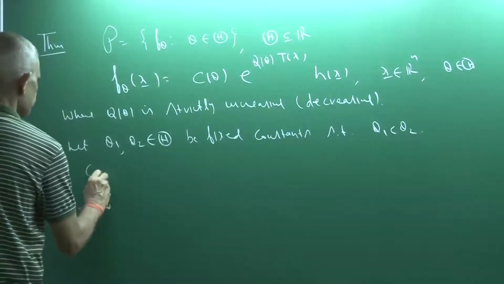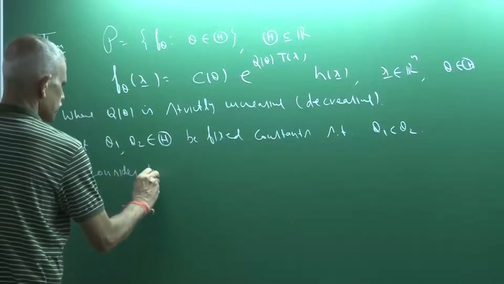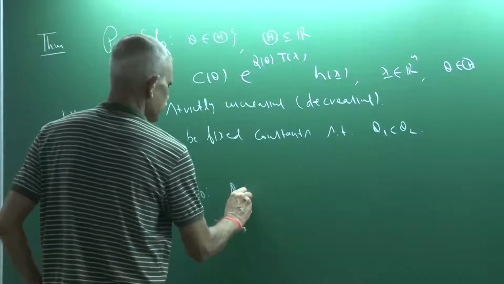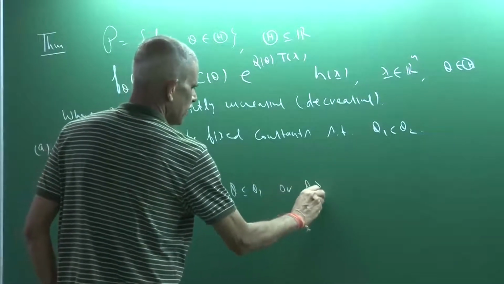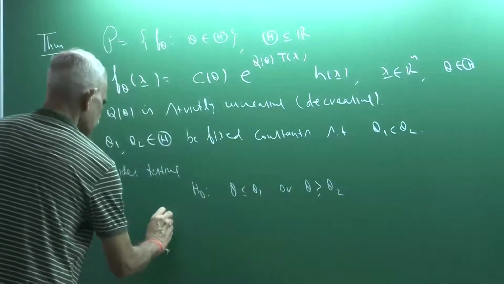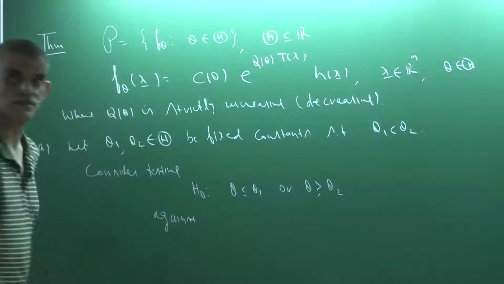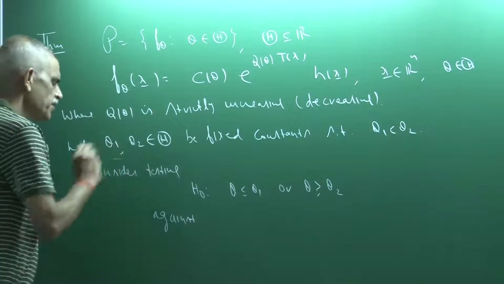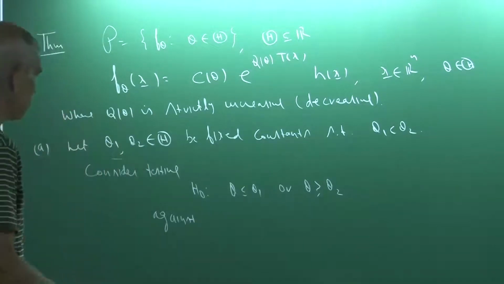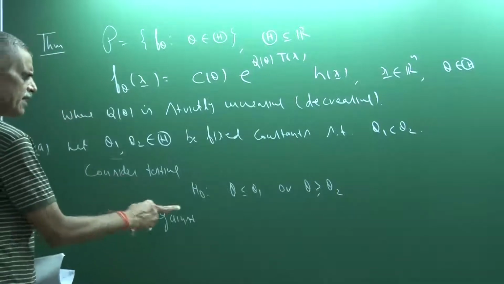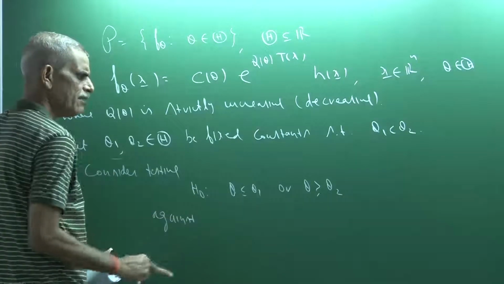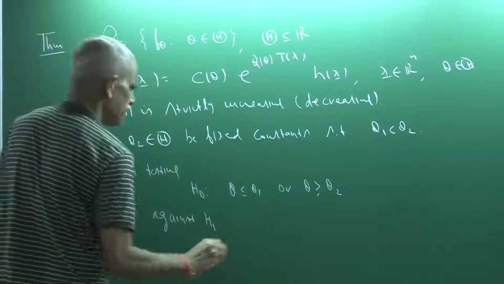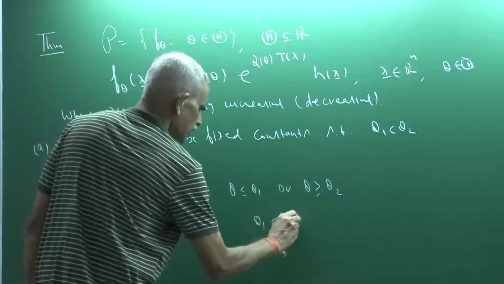Consider testing H naught, that theta is less than or equal to theta 1 or theta is greater than or equal to theta 2, against the alternative hypothesis theta lying between theta 1 and theta 2.